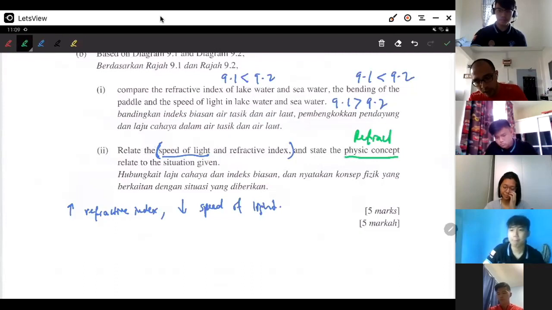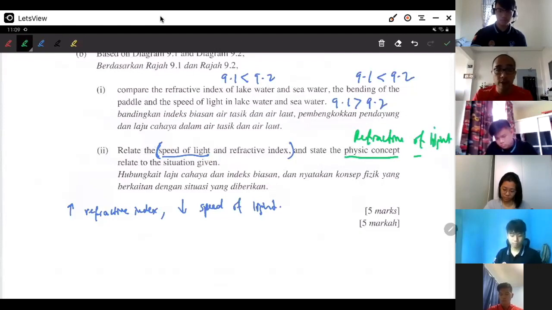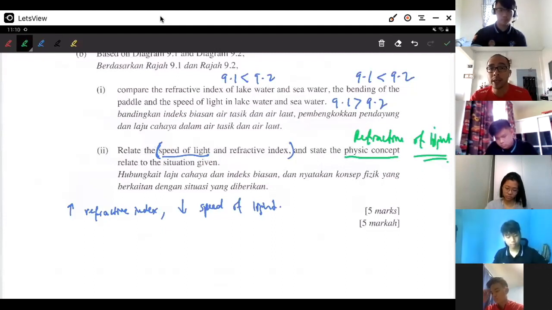You don't need to write light, but if you write light it's even better. So this is a pretty simple compare and relate question. The most important thing is to remember that when you relate, you need to turn on your brains.